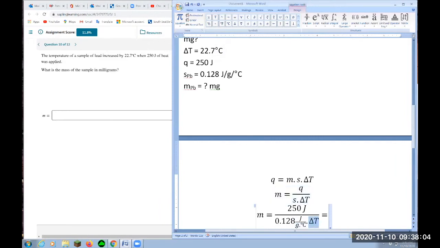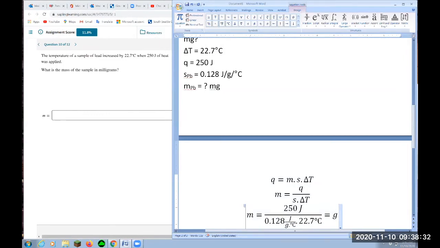And then delta T is 22.7 in my case, and that's degrees Celsius. We can see here that the joules will cancel, the degrees Celsius will cancel, and we'll be left with grams. Grams are in the denominator of the denominator, so they will move up, and so the answer will be in grams, which is a unit of mass, so that's correct.